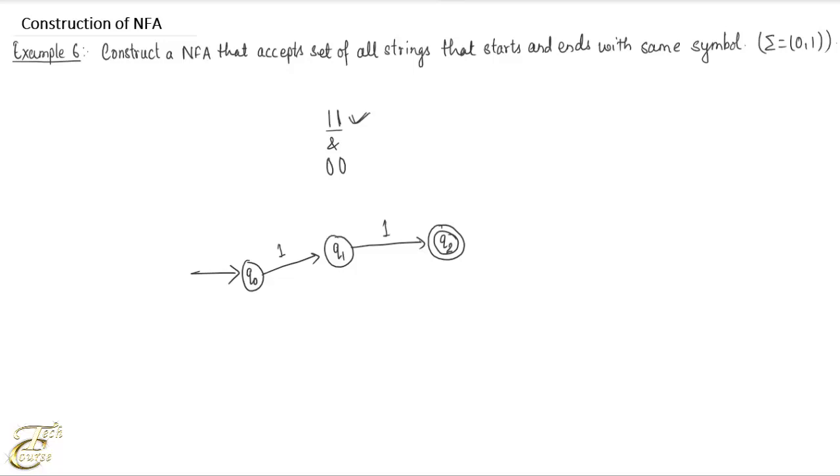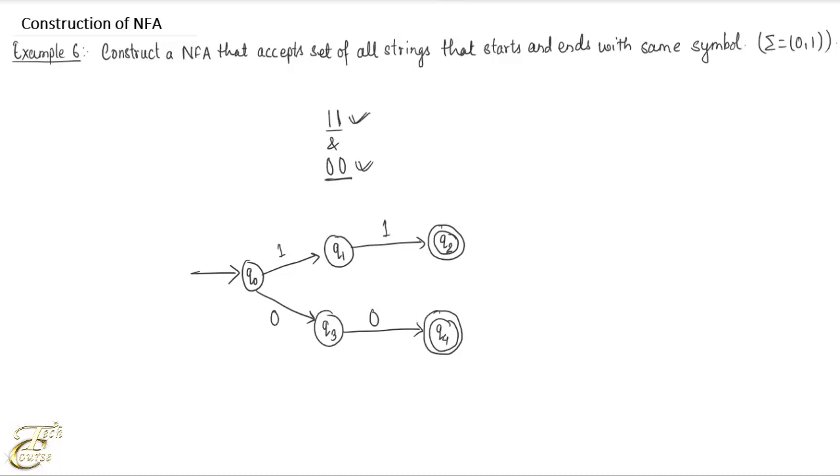Now we will represent this basic string. Now reading 0 in Q0 state leads to the state Q3. Then reading the next 0 in Q3 state leads to the state Q4. This string also belongs to this given language, therefore we make Q4 an accepting state.